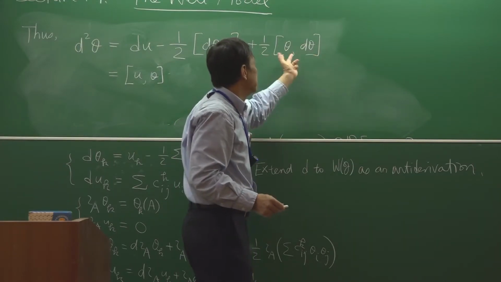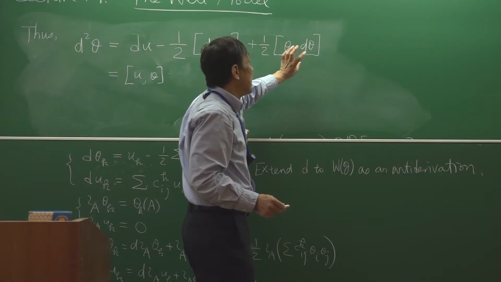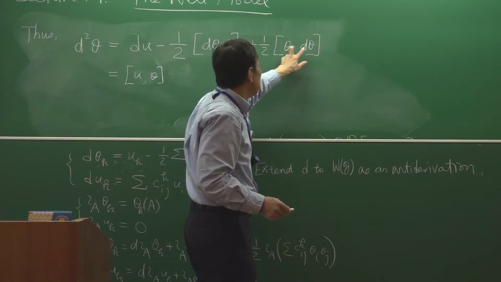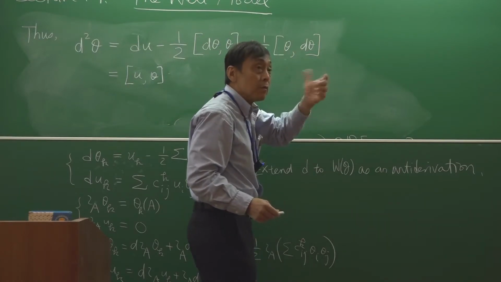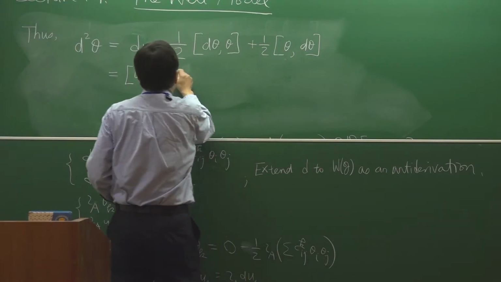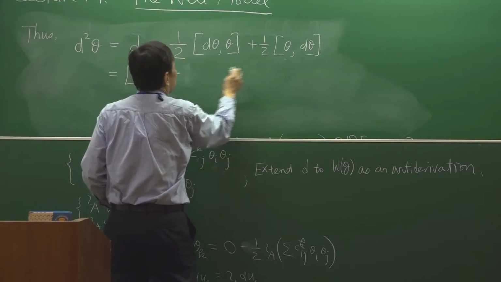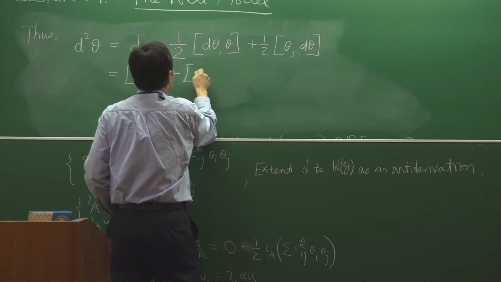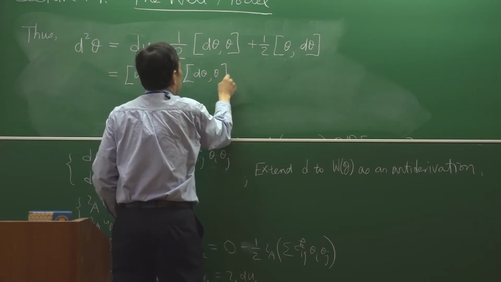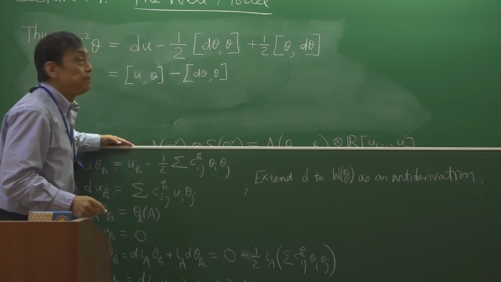So when you interchange, there is no sign coming from these two alone, but then the bracket will give you a minus sign. So in fact, you'll get minus 1/2 there. So this is what we get. Okay?